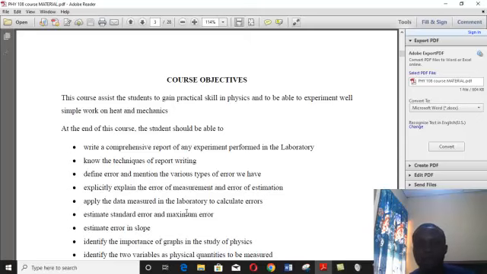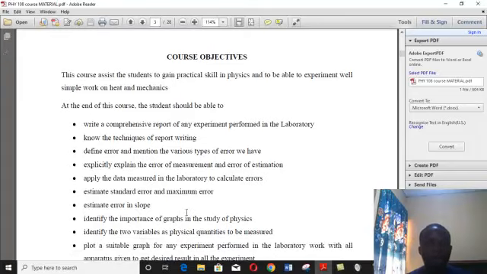This course has been designed for students to gain practical skills in physics and to be able to experiment well on simple works on mechanics.